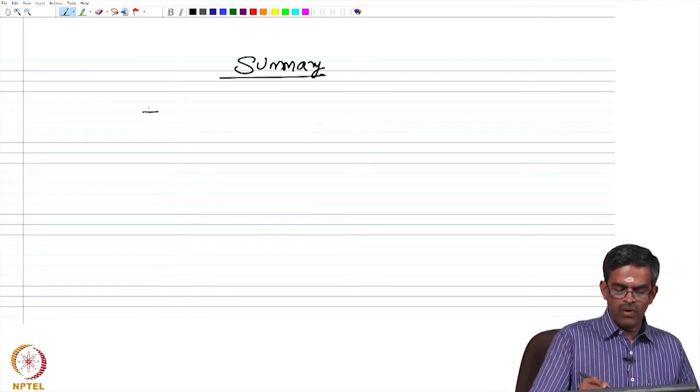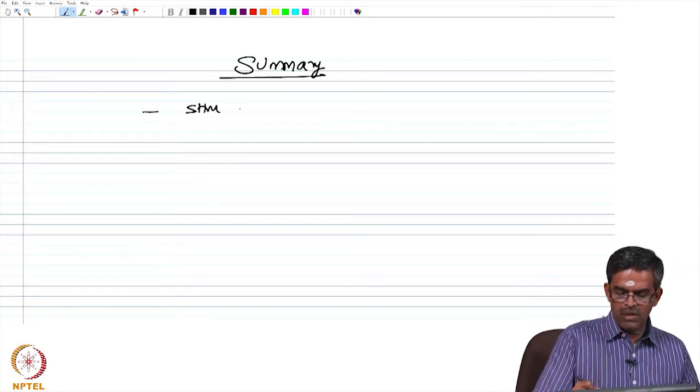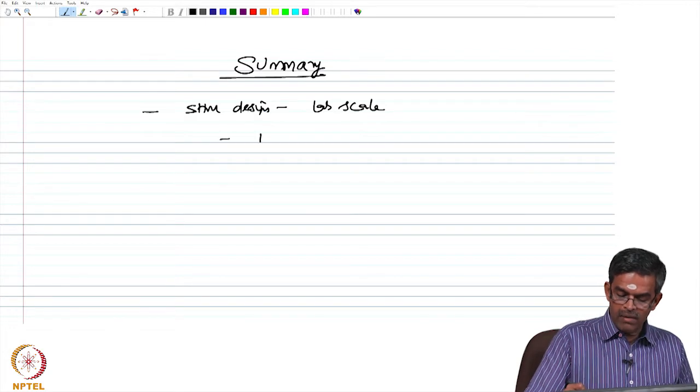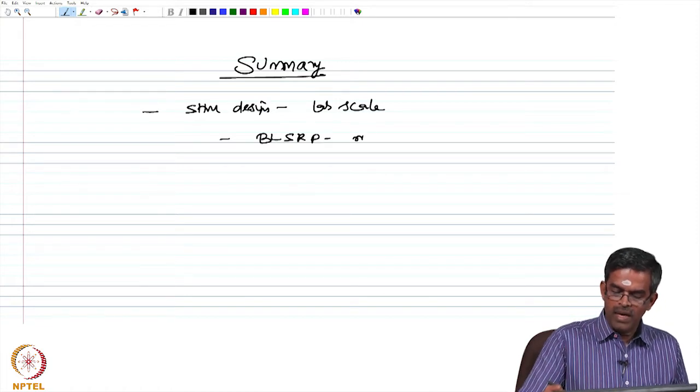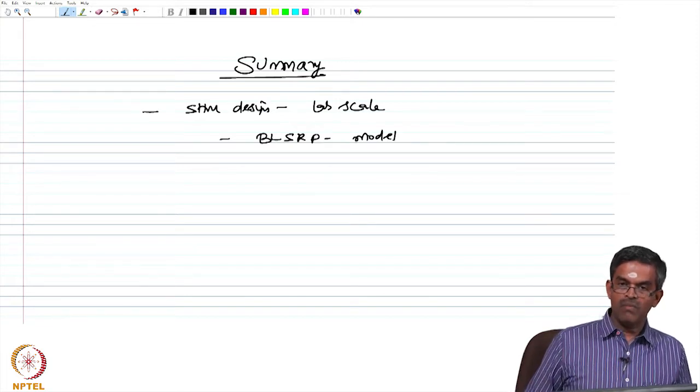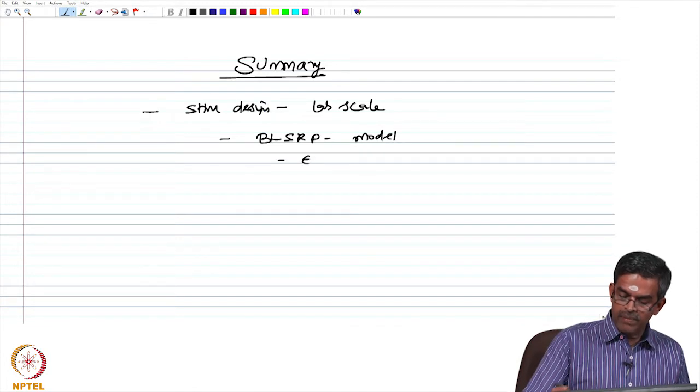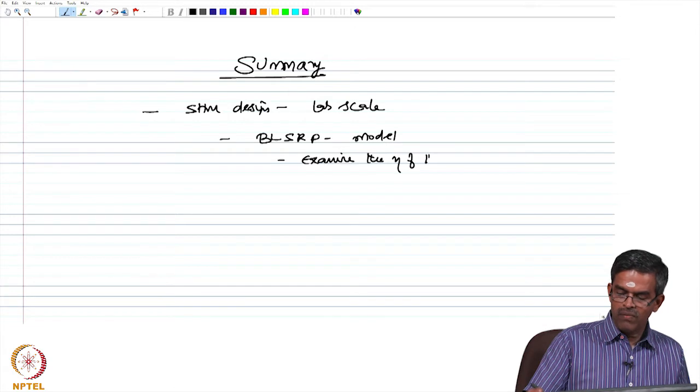Okay. So, friends, let us look at the summary of what we have seen in this lecture. We are looking forward to a structural health monitoring design on a lab scale. We have taken the buoyant leg storage and regasification platform as a physical model to examine the efficiency of the structural health monitoring system.